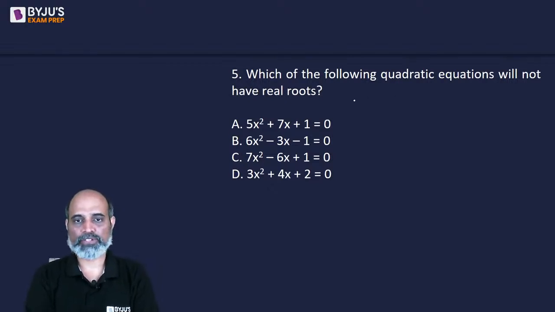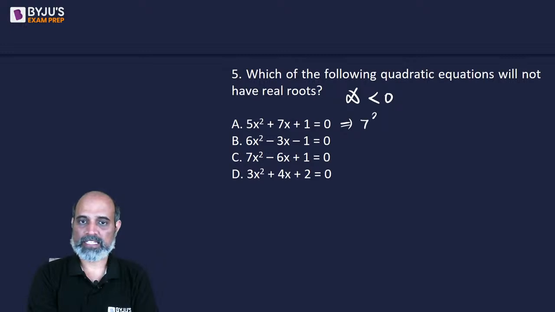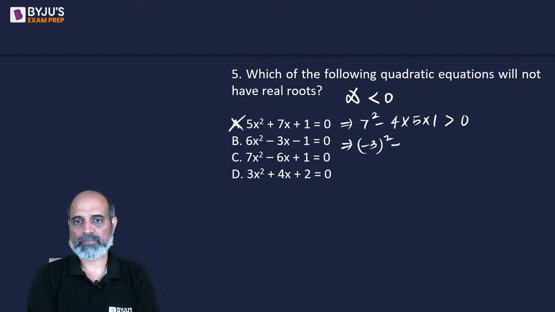Okay. Next, which of the following quadratic equations will not have real roots? A quadratic equation doesn't have a real root if its discriminant is less than 0. So if you look at the first one, the discriminant, that is 7 square minus 4 into 5 into 1, this is positive. So this will not be it. Next one, minus 3 whole square minus 4 into 6 into minus 1, this will also be positive. So this also won't be it.